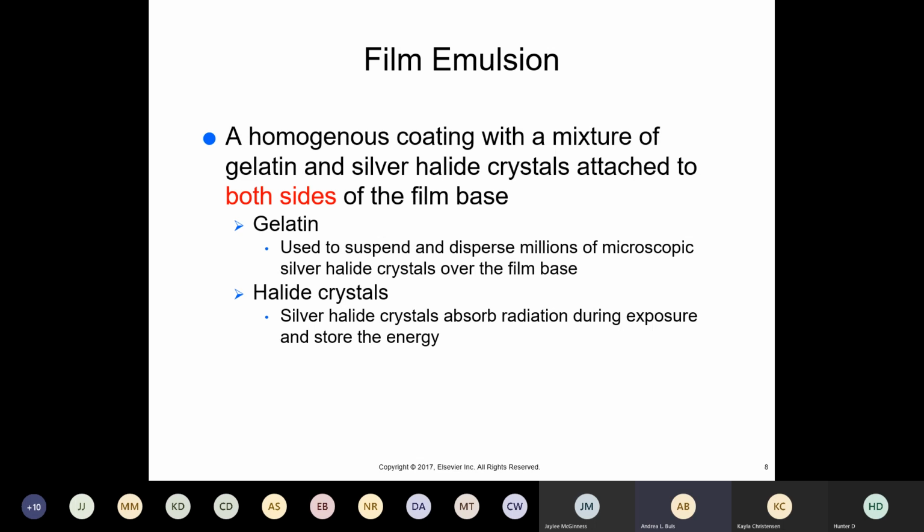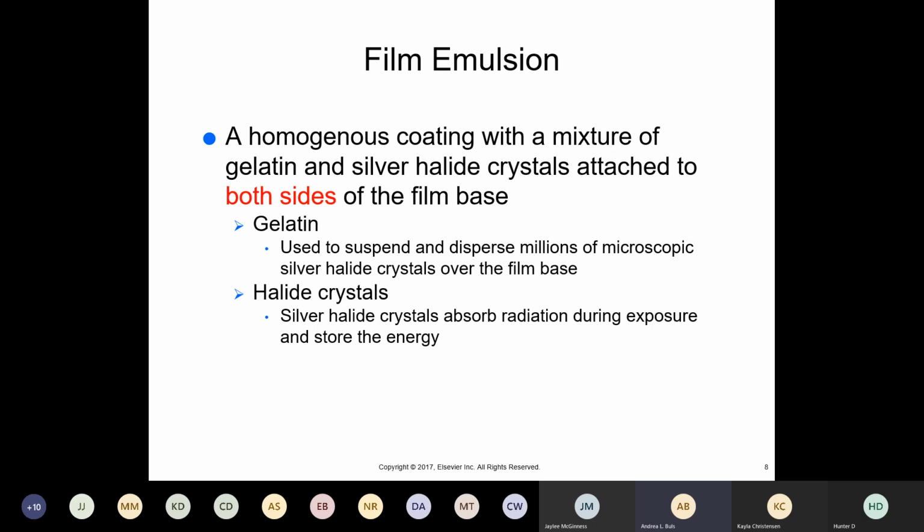The larger the crystals, the faster the film, so that's good because it reduces your patient dose, but sometimes we don't get the detail that we would like to get. So that's why there's F-speed film. If we're using film today, that's the fastest film that can be used.